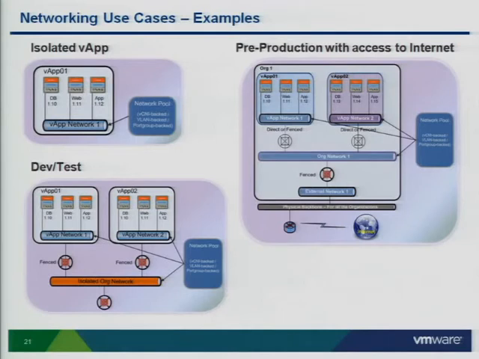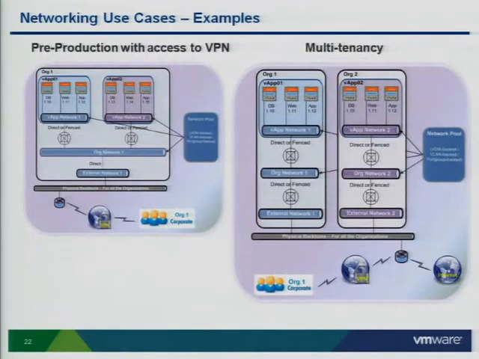There you go. Okay, the next one is the pre-production with access to the VPN. This is more of a scenario where I have a public cloud connecting back to a private cloud. So in this case, I have an organization here, org1, where they have the VApps connected in the public environment, and I have the same kind of setup, everything either direct or fenced to the org network.